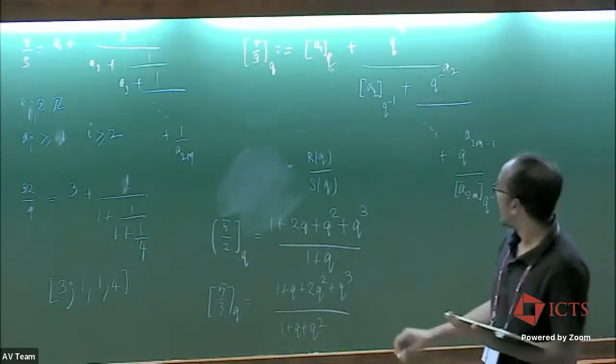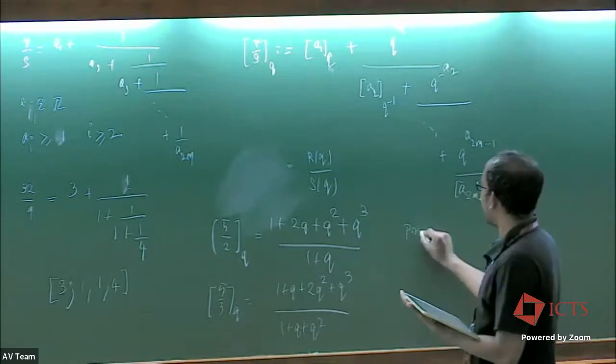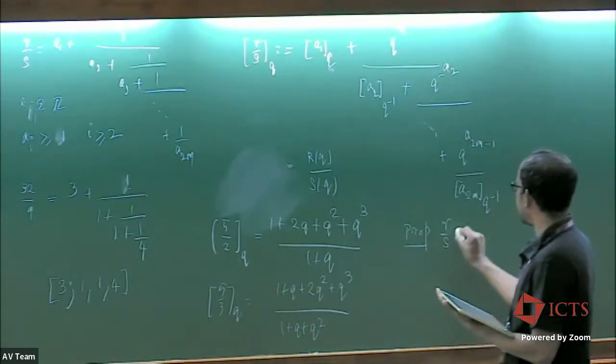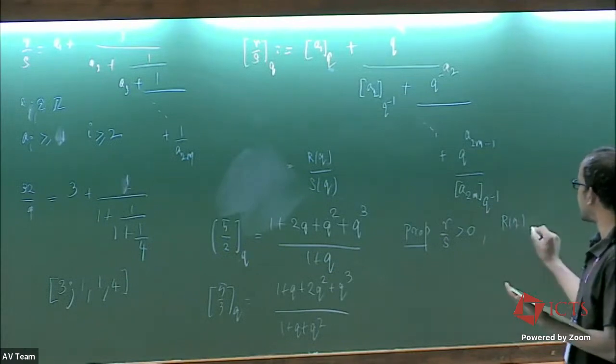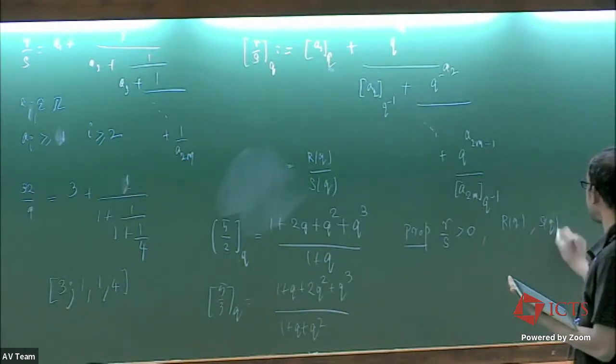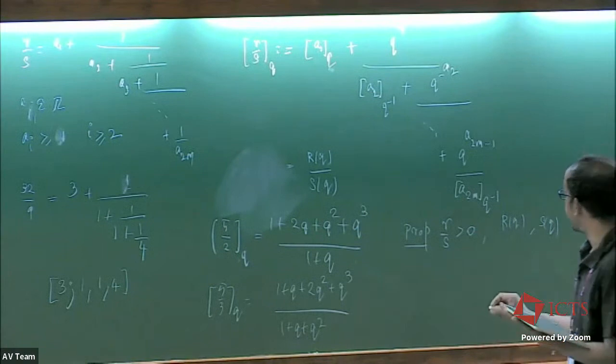So it's not just something that you compute for the numerator and something that you compute for the denominator. The main properties are, if R by S is bigger than 0, then the numerator and denominator polynomials have non-negative integer coefficients.